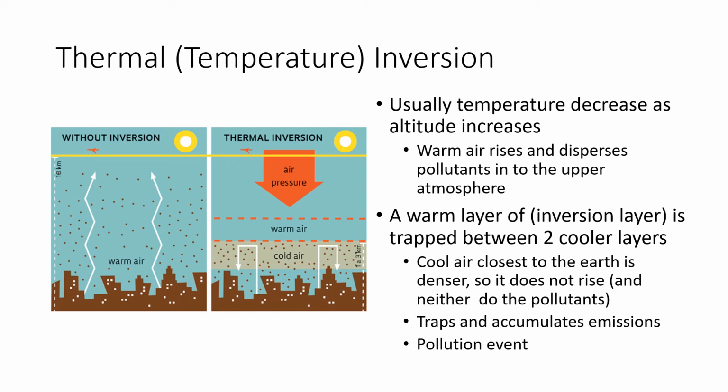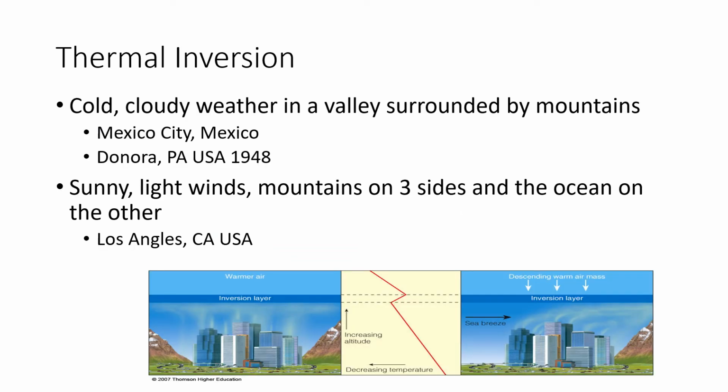All of the pollution and all of that air gets trapped and accumulates, and you end up with some sort of pollution event. This happens a lot in LA. It really just stays there until another air mass comes in and blows the whole thing away.